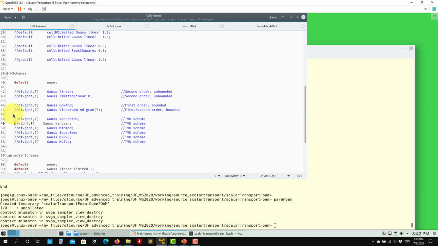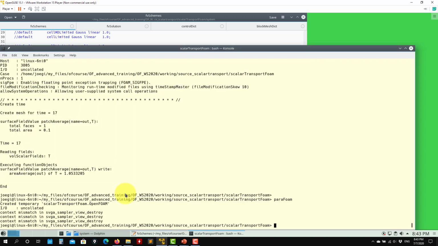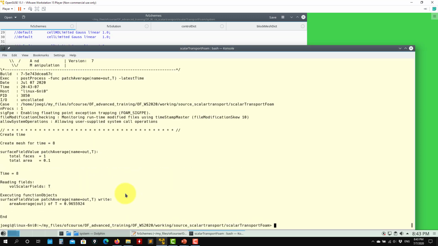So it's always better to start with something like linear upwind, or probably you can start at upwind and then as the solution keeps evolving, just go to the larger accuracy. But now let me go to the min-mod, and you will see that min-mod is a little bit more dissipative than the Van Leer, but in this case it will give much better results.